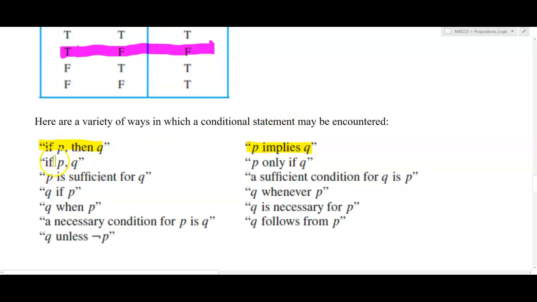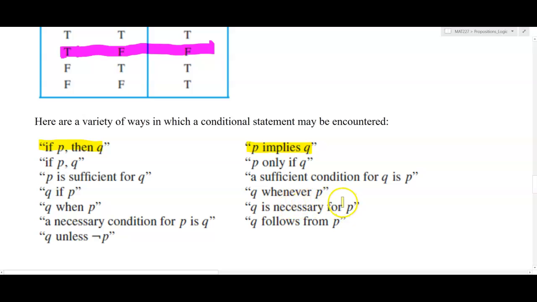If P comma Q, P is sufficient for Q. So P is sufficient for Q means that if P happens, that is sufficient enough for Q to happen. Another way you could say that same thing is a sufficient condition for Q is P. So the condition P happening is sufficient for Q to take place. Q if P, that's just the same thing, just saying if P then Q. Q whenever P. Q when P.